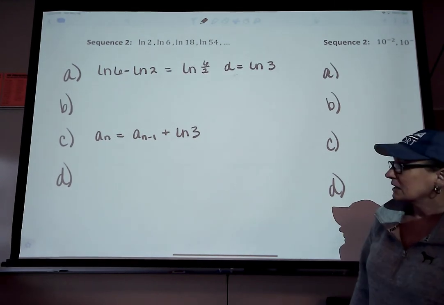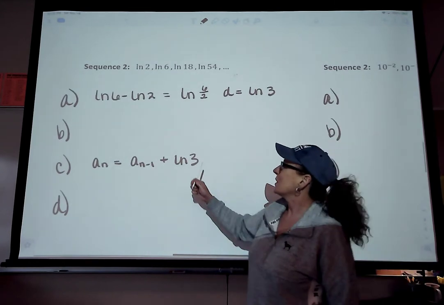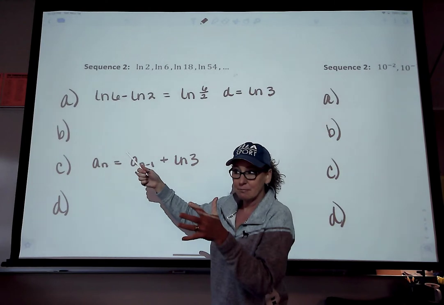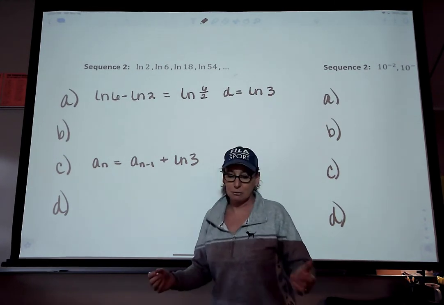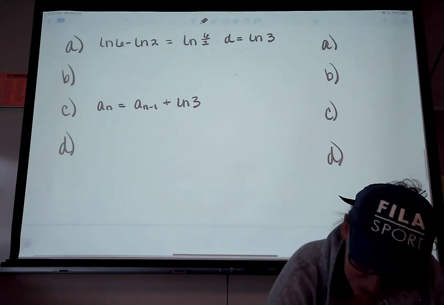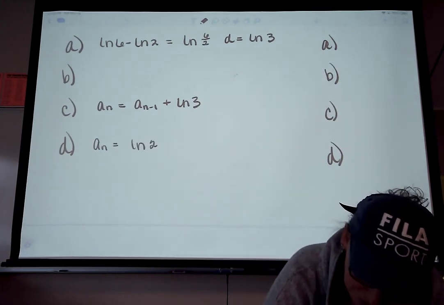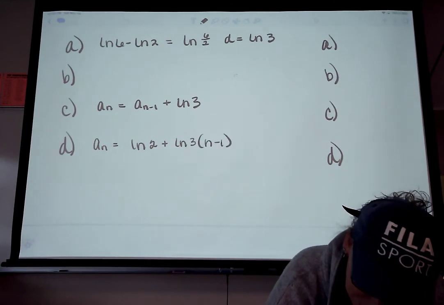And the explicit rule, you can either, in your mind, back up to the 0th term, or if that's a little too difficult in this problem, you can always start with the formula. So a sub n equals a sub 1 plus d times n minus 1.